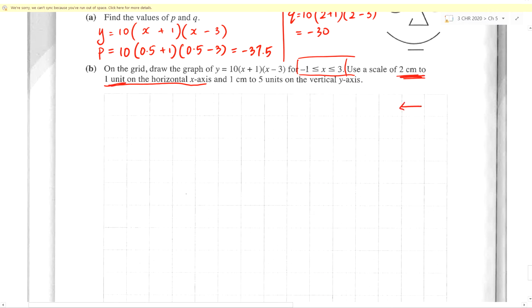So each of these squares has a length of 1 cm. Okay, so over here, when we have 2 cm, that will be 1 unit horizontally. That is our x-axis. And on the vertical axis, that is our y-axis, we need 1 cm to 5 units.